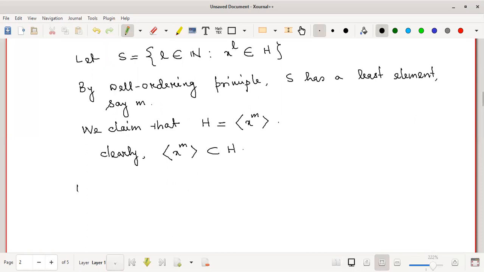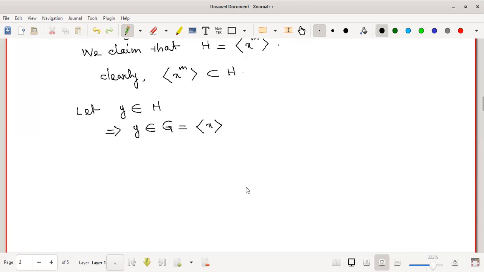So let y belong to H, right? This implies y belongs to G, and G is a cyclic group generated by x.